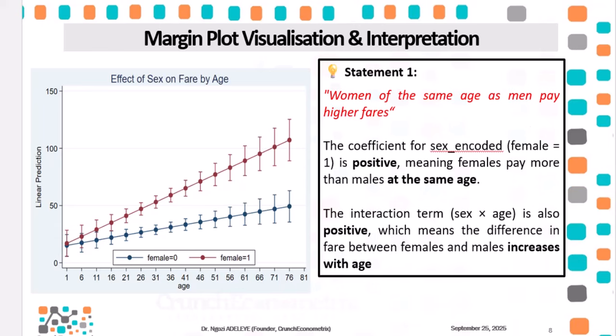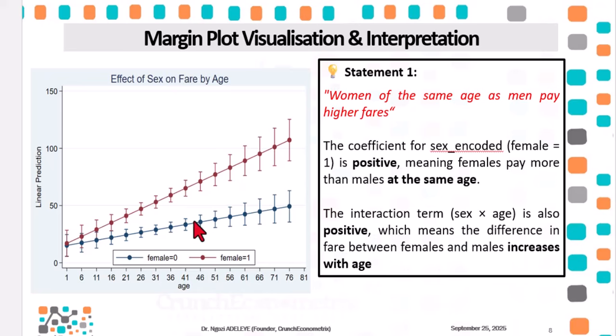I was also able to curate two statements from this plot. The first one is that women of the same age as men pay higher fares. Why did I say so? Because I'm able to see that even when they are of the same age, women are paying more. The female coefficient is positive, meaning that females pay more than males even when they are of the same age. Look at somebody who is age 46.